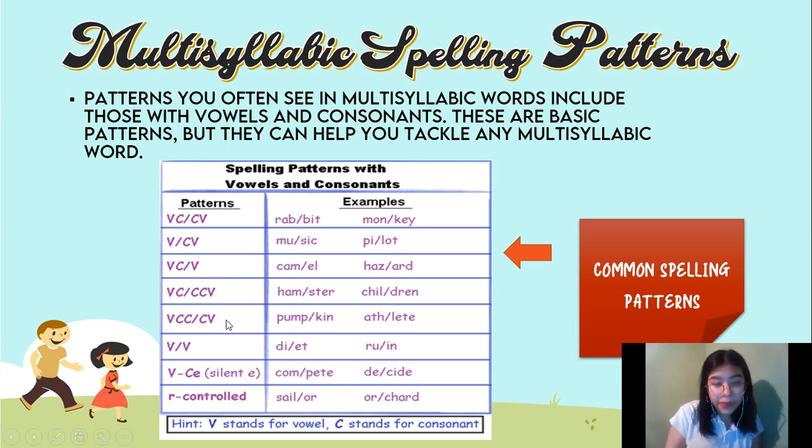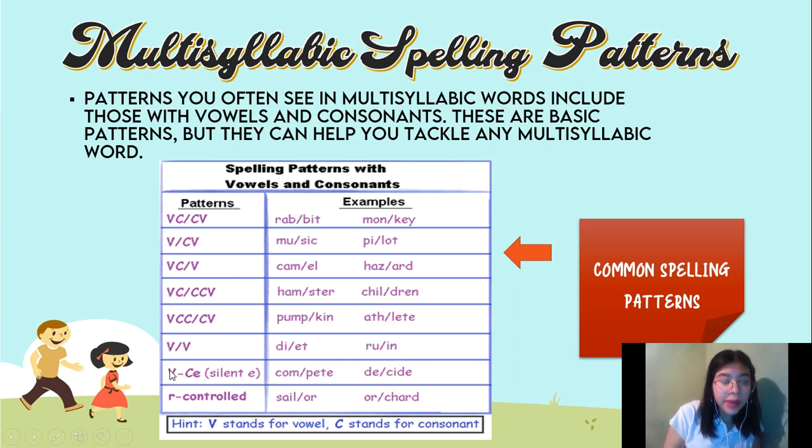Then we have the words with the pattern of vowel, consonant, consonant, consonant, and then a vowel, as in pumpkin or athlete. We have the pattern of vowel and then another vowel, as in diet or ruin.